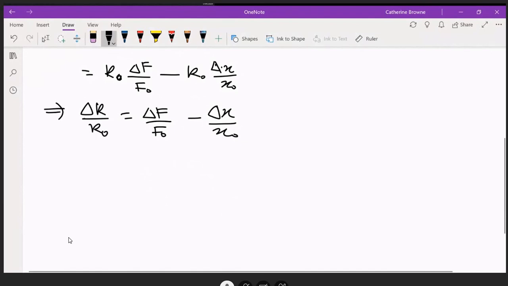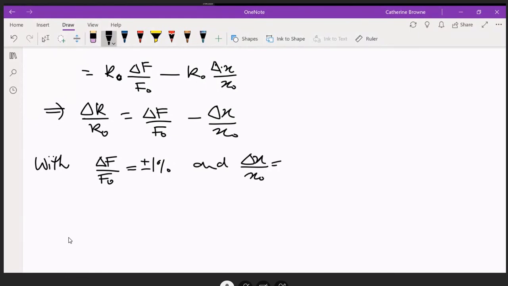And then if we divide everything through by k naught, we get this here. And so the question said that we had the maximum relative error in the force measurement, I think I said was plus or minus 1%, and in the length measurement, plus or minus 5%.